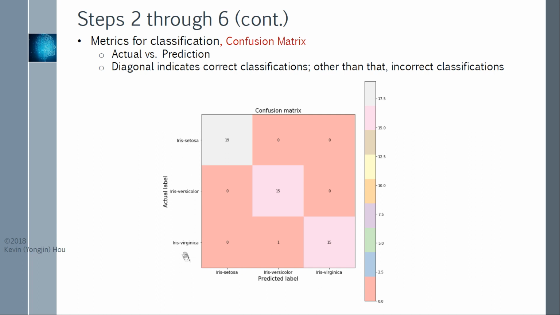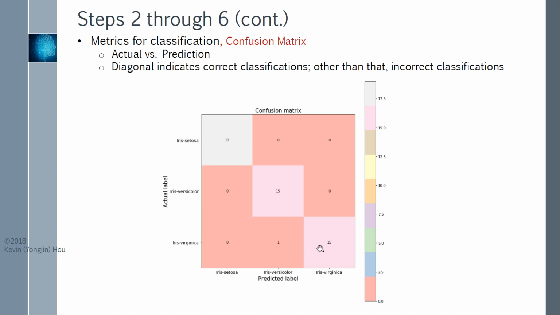And vertically, the y-axis represents the actual labels in the test data. If we see numbers on the diagonal, that means our predictions line up with the actual perfectly. Those are the correct predictions. Everything not on the diagonal is a misclassification.